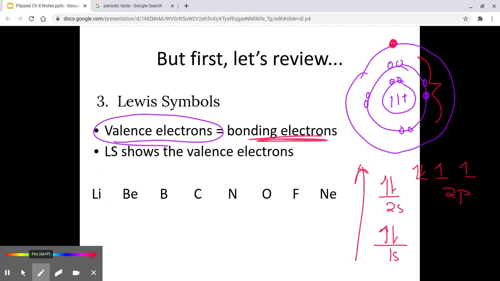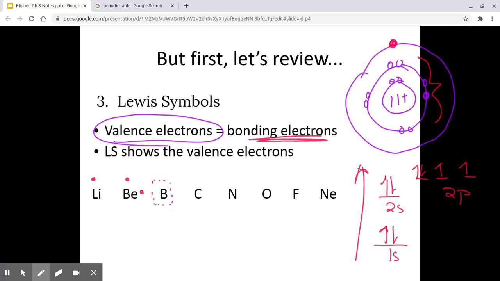So lithium has 3 electrons, but 2 of them are core, and so we're going to show 1 electron here for lithium. Beryllium also has 2 valence electrons, so the 3rd and the 4th electron get displayed. And notice that I'm separating the electrons as if they are on separate sides of a box, right?